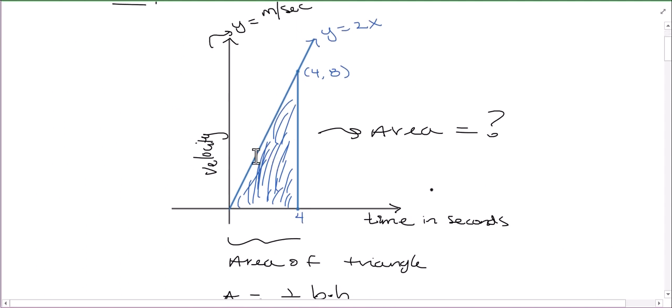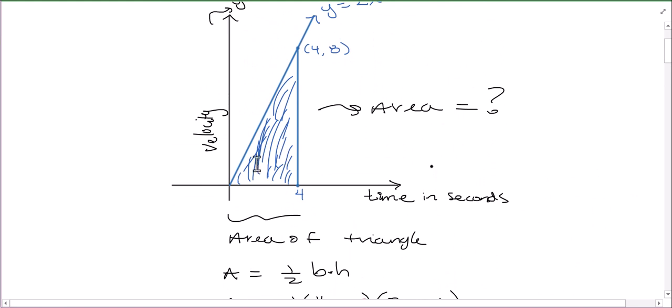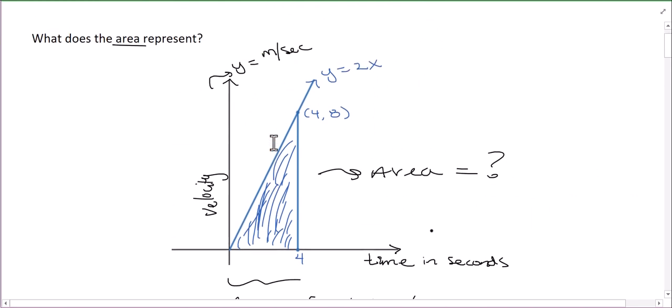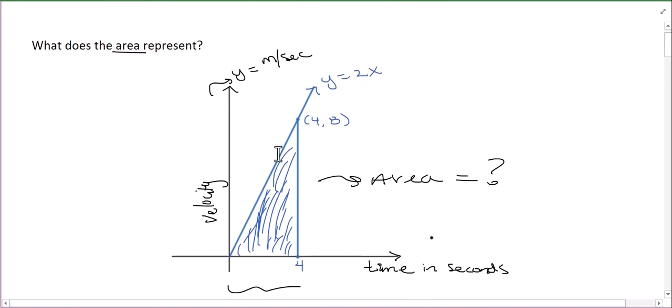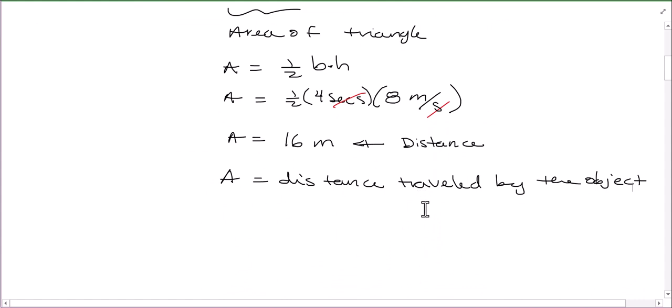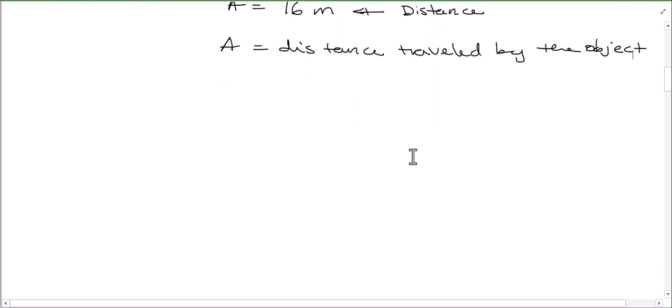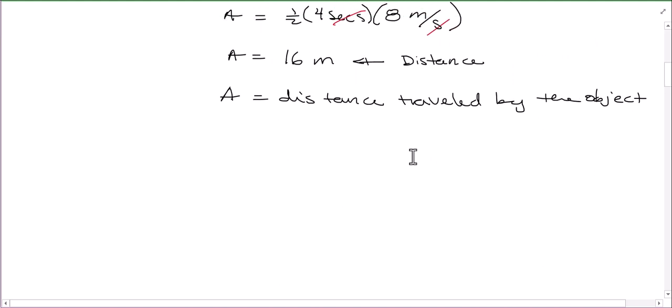By looking at the area under the curve, we're going to be able to find all kinds of information about a function that we might not know. Here we're graphing the velocity, and when we find the area under the curve, that gives us the distance traveled by an object or a particle, whatever it might be. This is Calc 1.